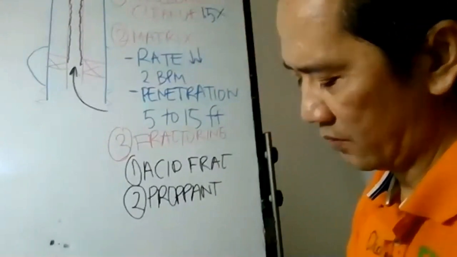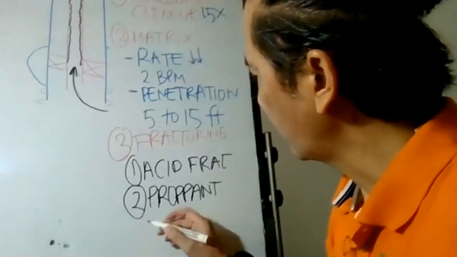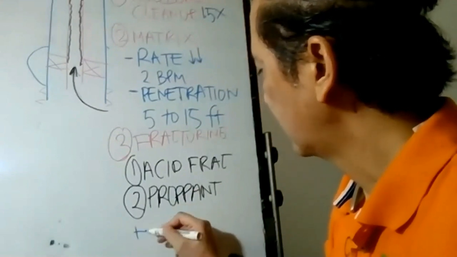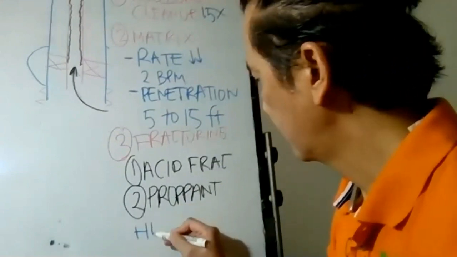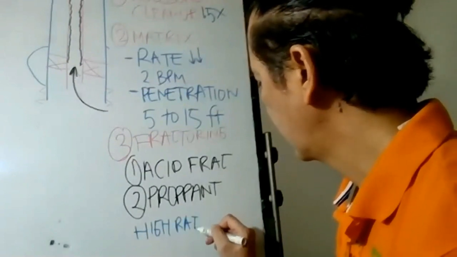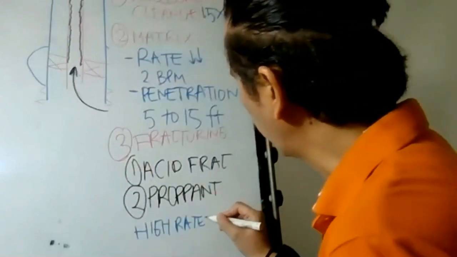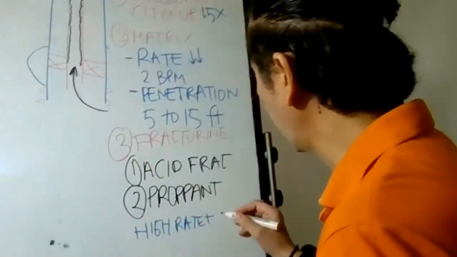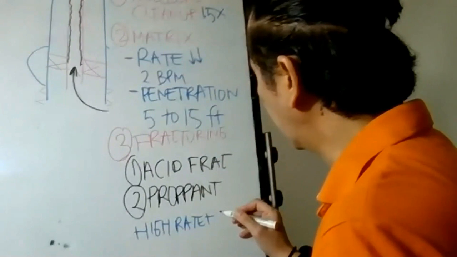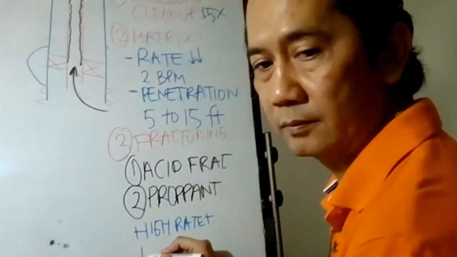So what's the difference with matrix then, other than the material? With the fracturing, we are pumping at high rate, so then we break the rock, right? And 100 feet away, maybe you cannot see that.